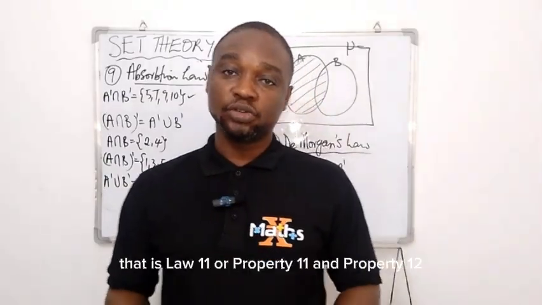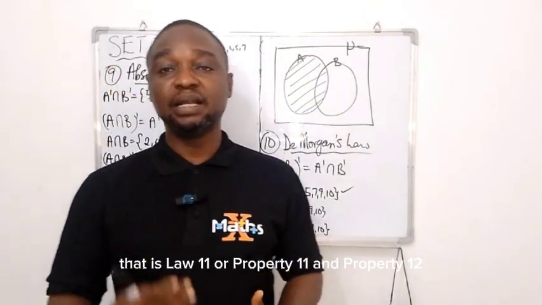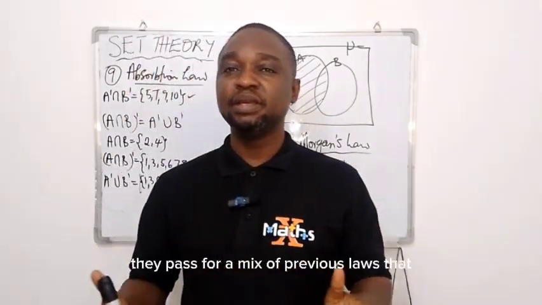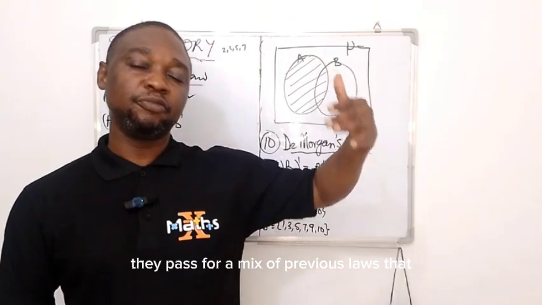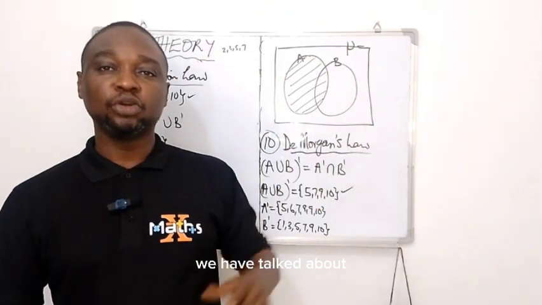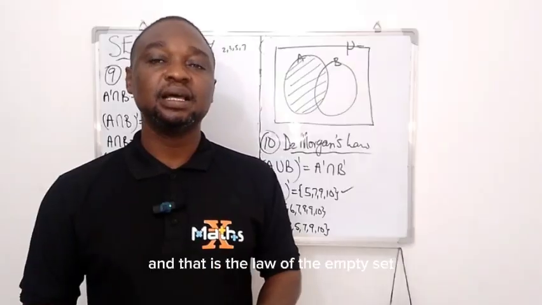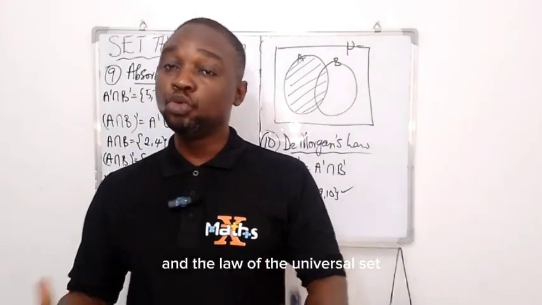The next two laws, that is law 11 or property 11 and property 12, are not really very strong for me, because for me they pass for a mix of previous laws that we have talked about, and that is the law of the empty set and the law of the universal set.